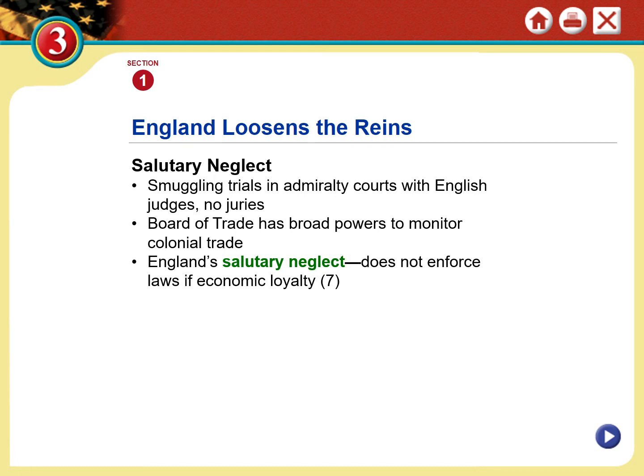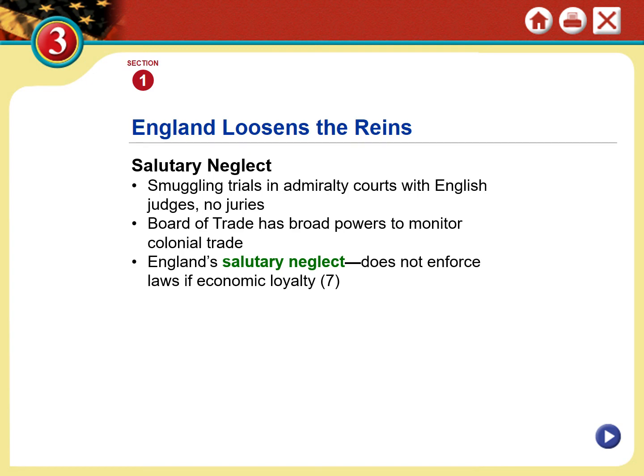You see, the smuggling trials, when these smugglers would be caught, and sometimes they were, because England did have the most powerful navy in the world, so they were patrolling the Atlantic all over the place. So occasionally they would catch these colonial smugglers. And they would be tried in military courts with English judges and no juries.